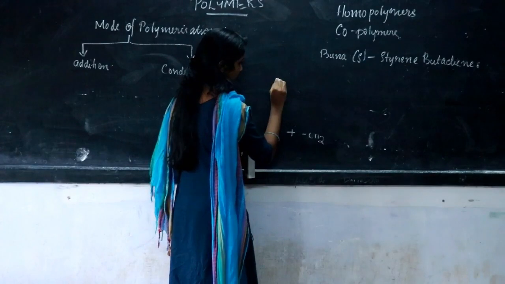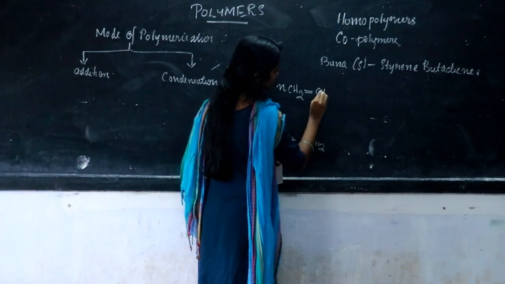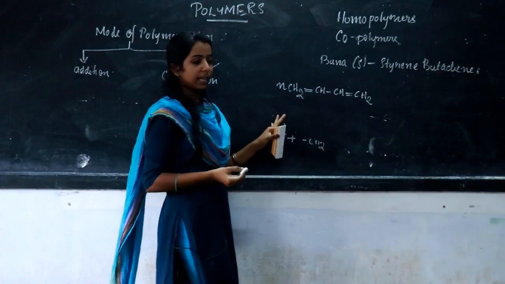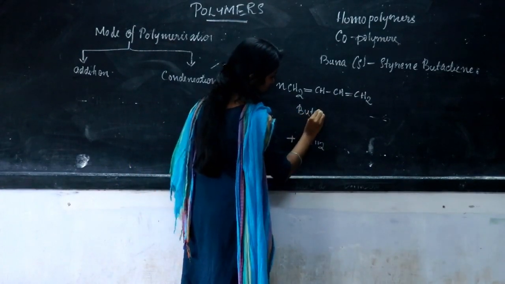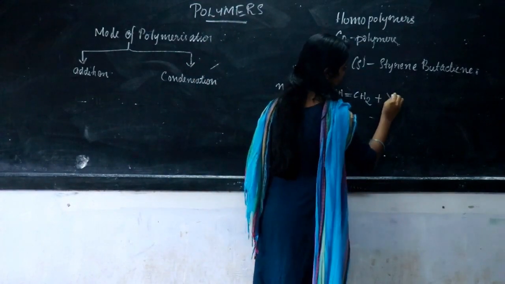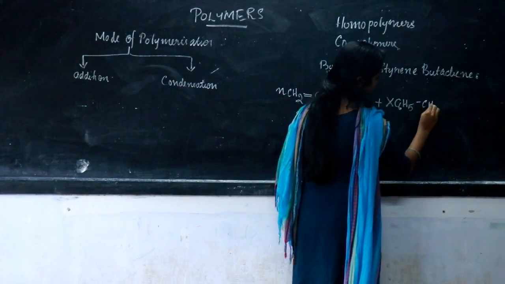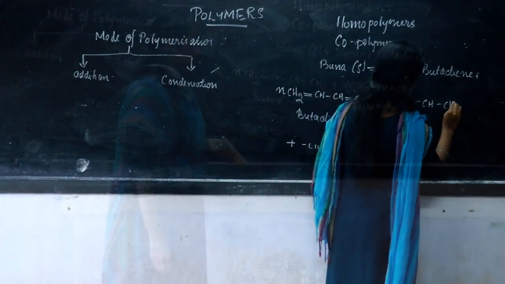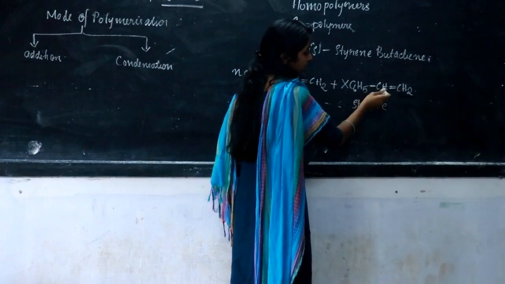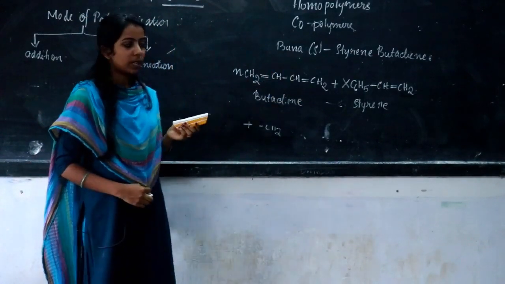That is n CH2 double bond CH, single bond CH, double bond CH2. This is called butadiene. Butadiene along with styrene, C6H5 single bond CH double bond CH2. When butadiene is added with styrene, you get styrene butadiene.